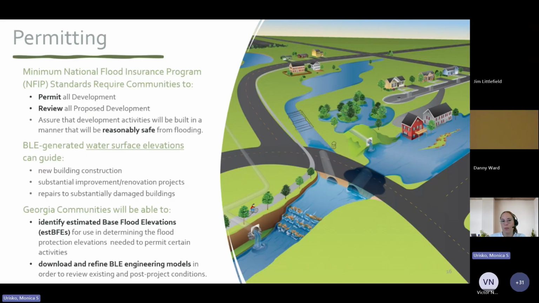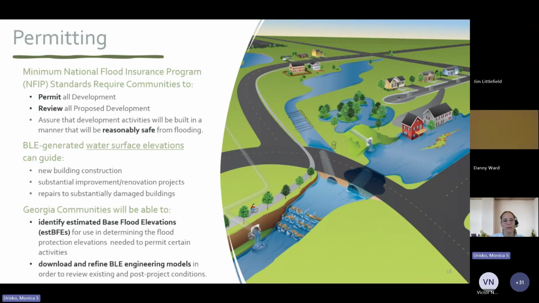All right, so starting with permitting, I think everybody here knows that the National Flood Insurance Program requires communities to permit all development, review all proposed development, but also assure that the development activities will be built in a manner that will be reasonably safe from flooding. So, as mentioned before, the BLE can help us generate these water surface elevations that can guide new construction, substantial improvement, and any repairs.